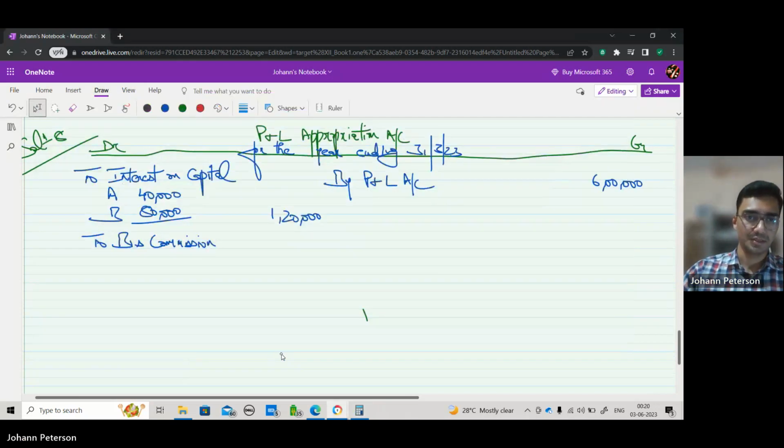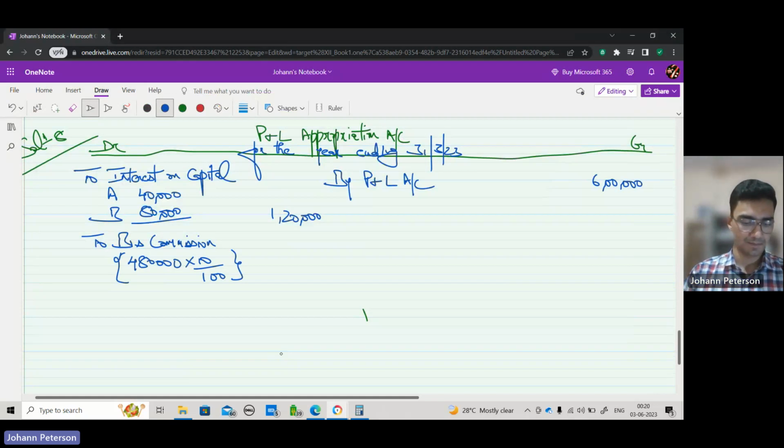B's commission is going to be calculated on 4,80,000 into 10 upon 100, because it is before. So that makes it 10% on 4,80,000, which is 48,000.